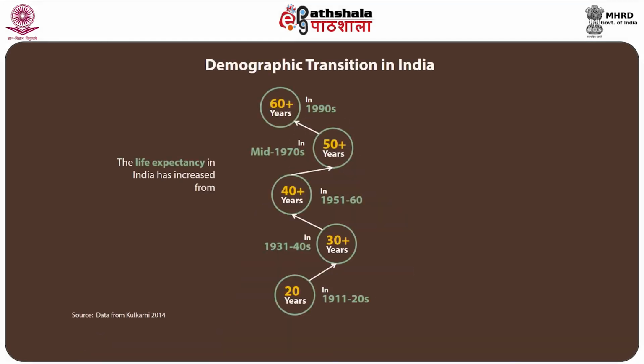As a result, the life expectancy in India has increased, from as low as 20 in the 1911-20 period, to the 30s in 1931, crossing 40 during the period 1951 to 60, and later in the 1960s and 70s it has gone up, becoming in the 60s in the 1990s, and further it is towards the late 60s now at present.